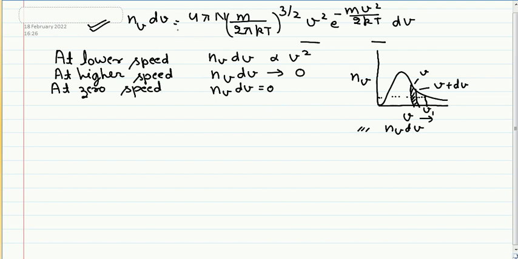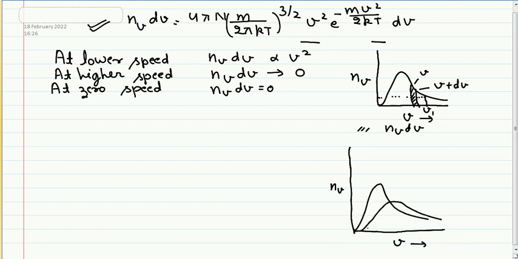Now let us see the dependence of N_v dv on temperature. Here we can see that if we increase the temperature, then the peak of N_v dv will decrease. So let us draw another curve showing the dependence of N_v dv on the temperature. Again on the y-axis we have N_v, and on the x-axis we have the speed, and now I will plot three curves at different temperatures.